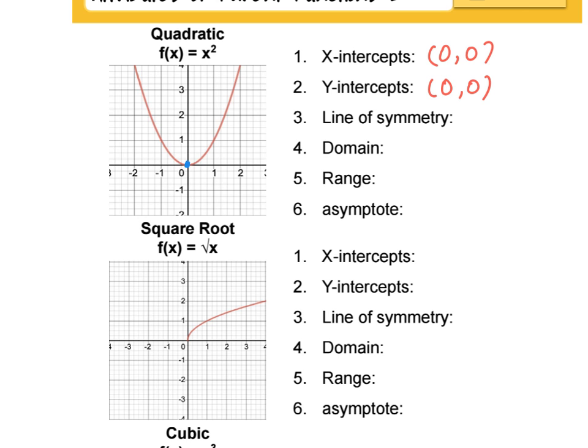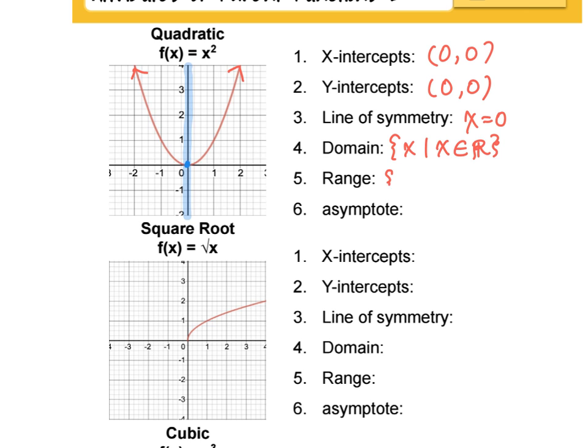And line of symmetry, now you can tell it's going to be the y-axis, which means x equals 0. And domain, since this graph stretches out left and right, all x is real numbers.